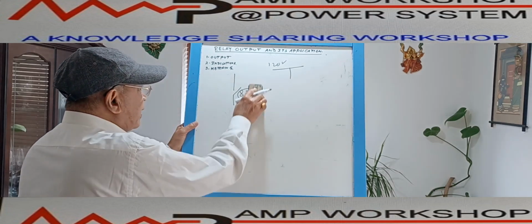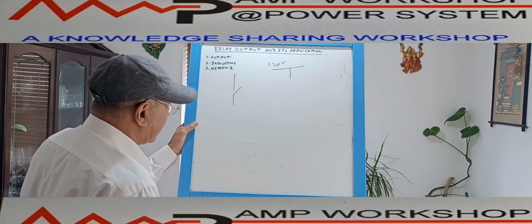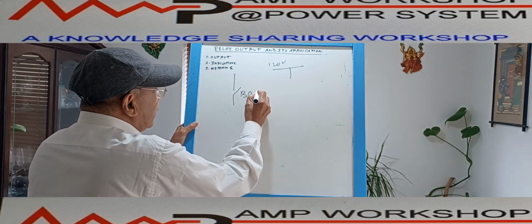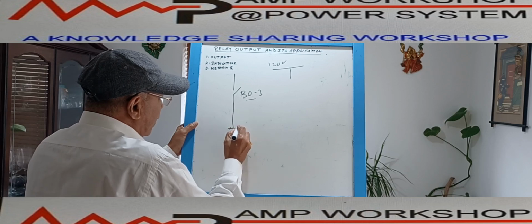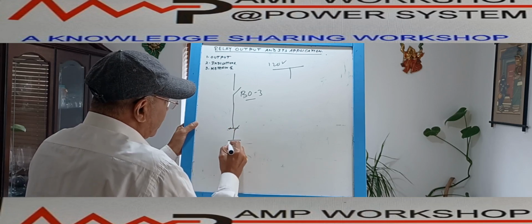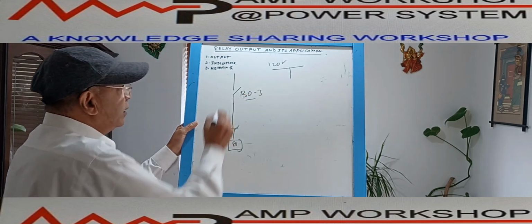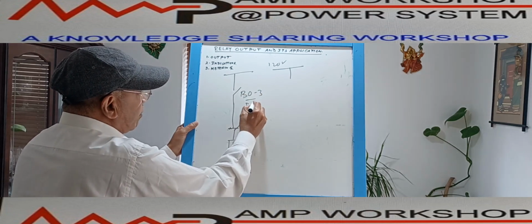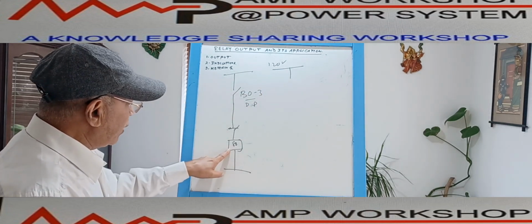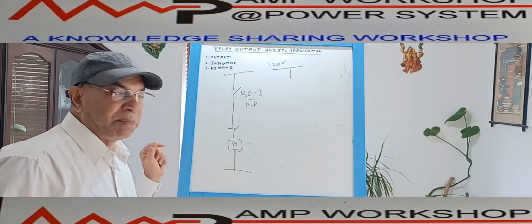Then one of the binary outputs, suppose that was B03, right? This binary output B03 we have connected to the 86 lockout relay. This is the differential protection operated. So this contact is going to the 86 lockout relay, and that is used for tripping purposes.